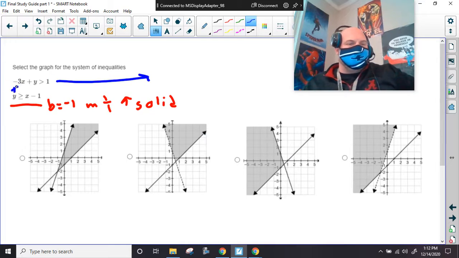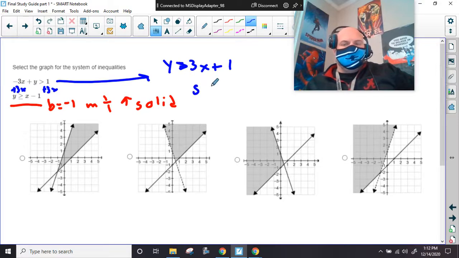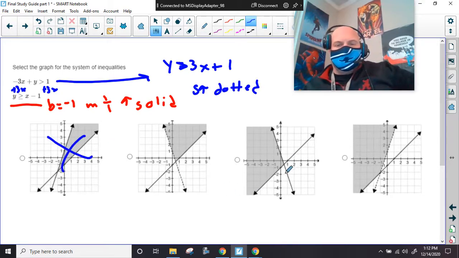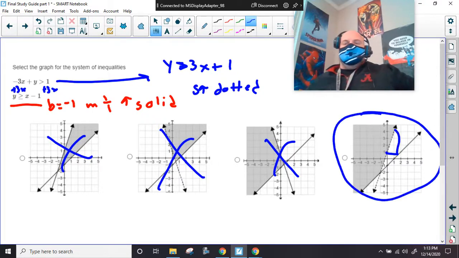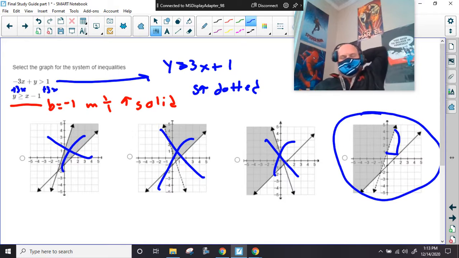I've got to add 3x to both sides to get this one right. So y equals 3x plus 1. This is also shaded above, and it's dotted. So this one's gone. This one's gone. This looks like I go over 1, up 3. This I'll go over 1, down, so it's not that one. It's that right there. I know that's weird.